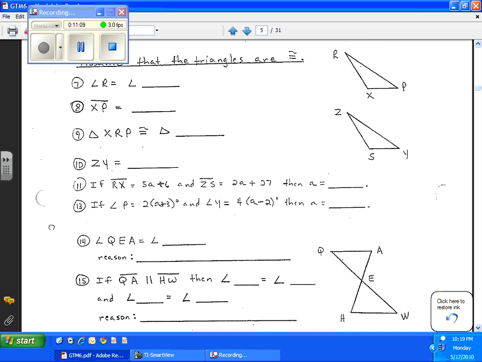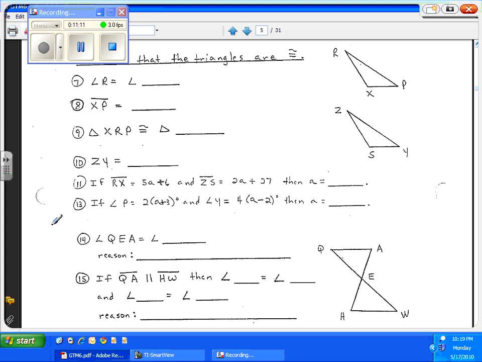Number 11 says if RX, that's this side, is 5a plus 6, and ZS is 2a plus 27, then find the value of a. Well, we know that RX is equal to ZS because they're corresponding sides of congruent triangles.